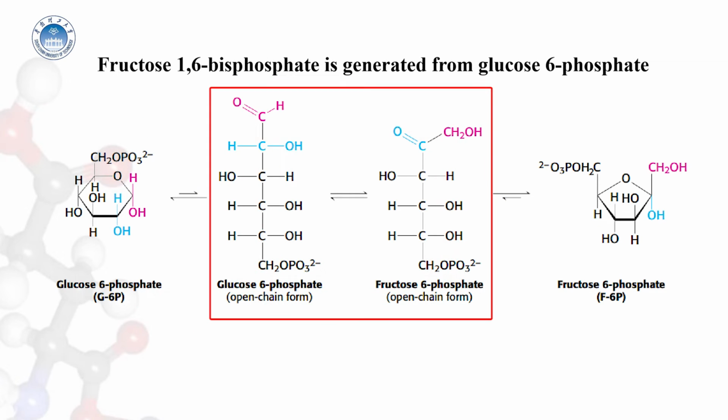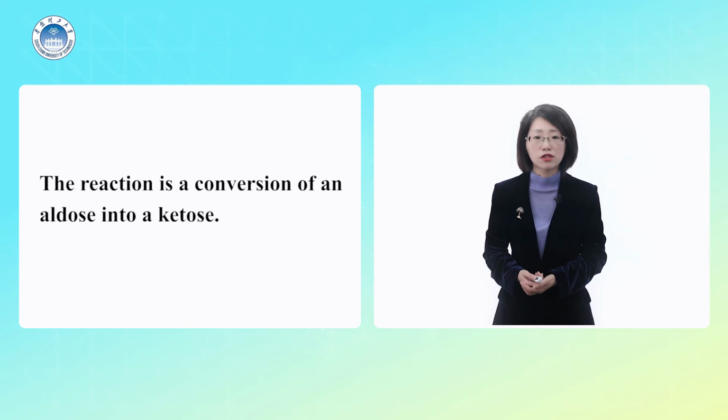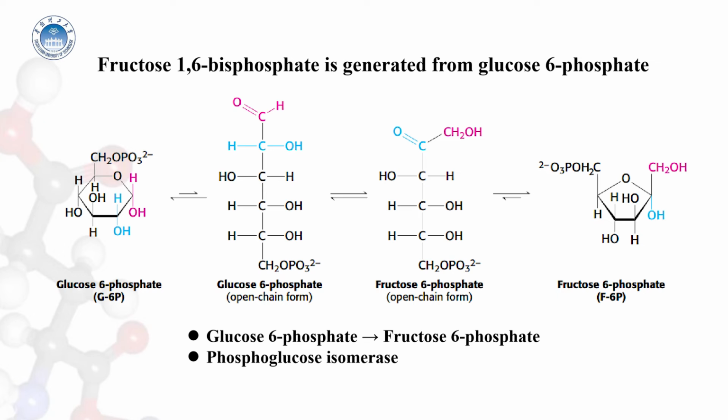The next step is the isomerization of glucose 6-phosphate to fructose 6-phosphate. The reaction is a conversion of an aldose into a ketose. It is catalyzed by phosphoglucose isomerase and takes several steps because both glucose 6-phosphate and fructose 6-phosphate are present primarily in the cyclic forms.